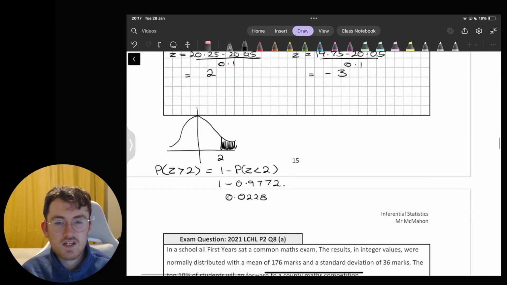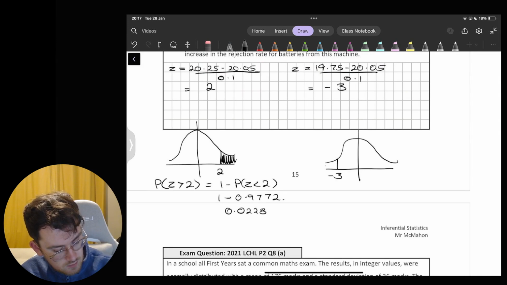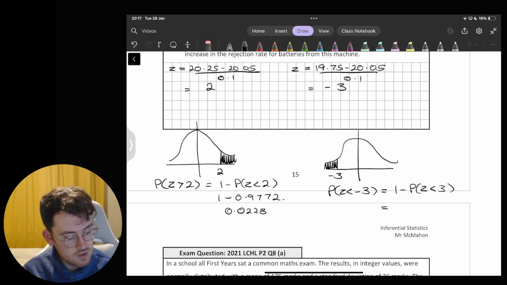We also have to consider the other region, minus 3, the region to the left here. The probability that it is less than minus 3 is the same as 1 minus the probability that it is less than positive 3, using one of our quick rules from earlier.